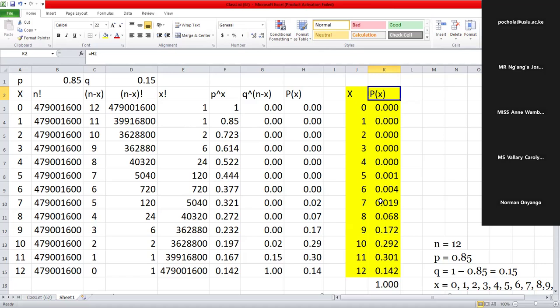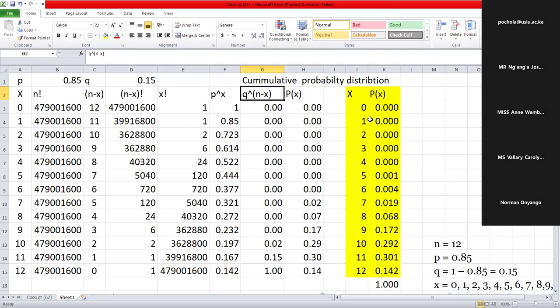To cumulate is to add successively. The cumulative probability distribution table is used to answer either of the following 2 questions.